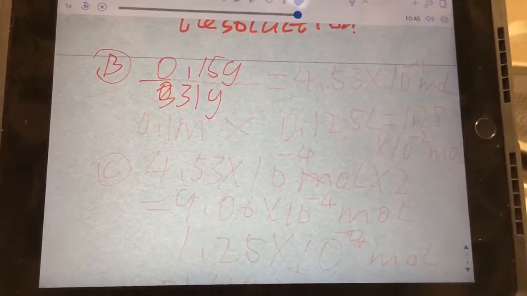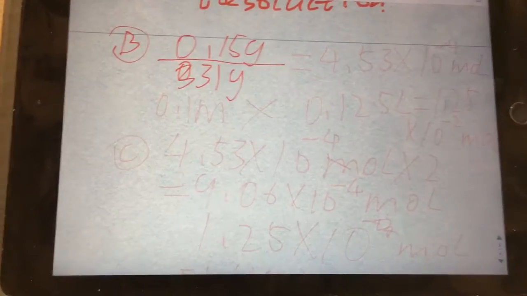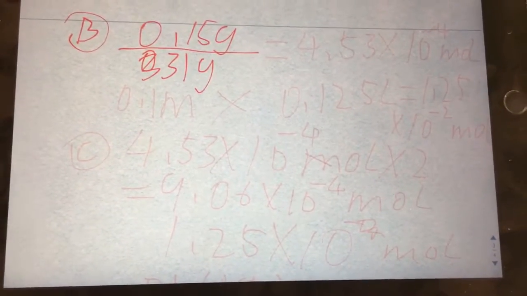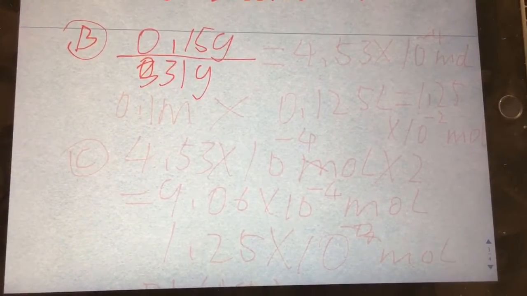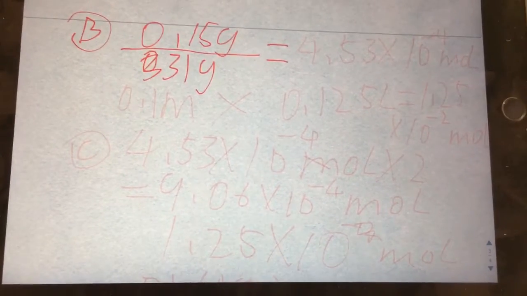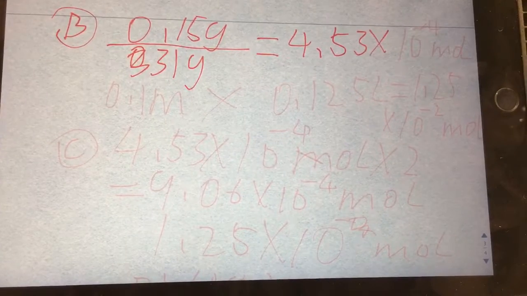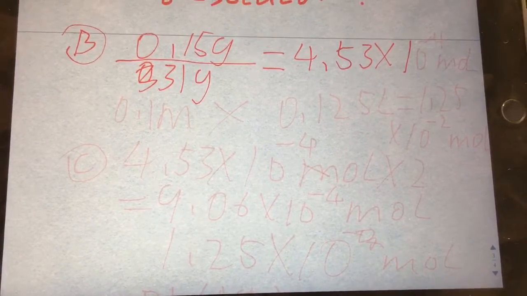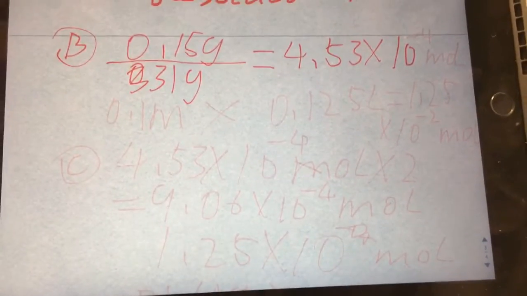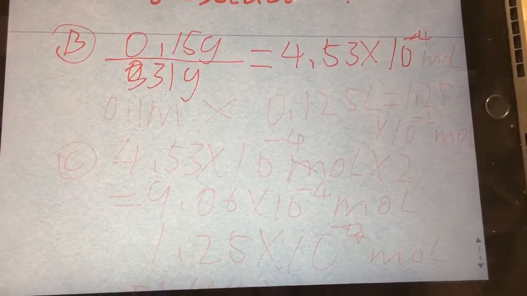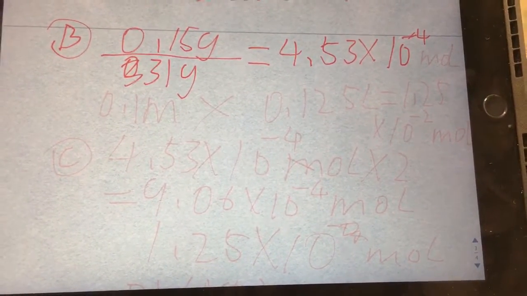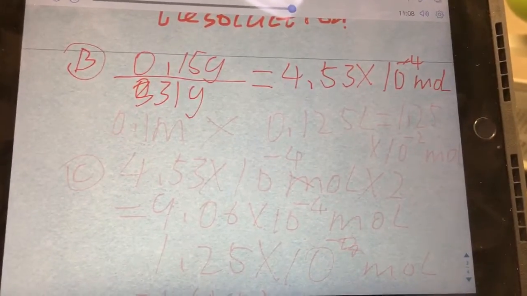So we use 0.15 divided by the molar mass, we get the moles, which is 4.53 times 10 to the negative 4 moles.